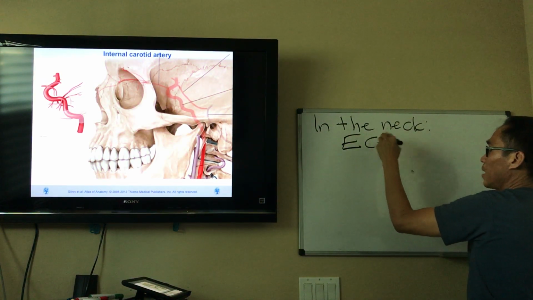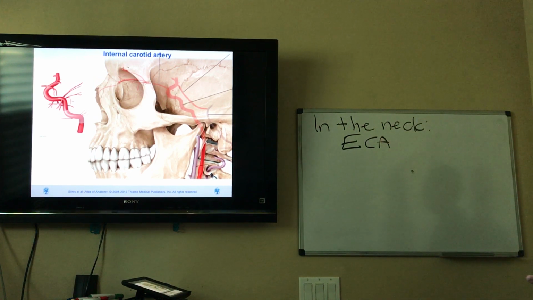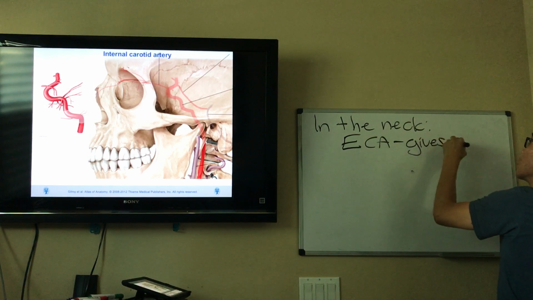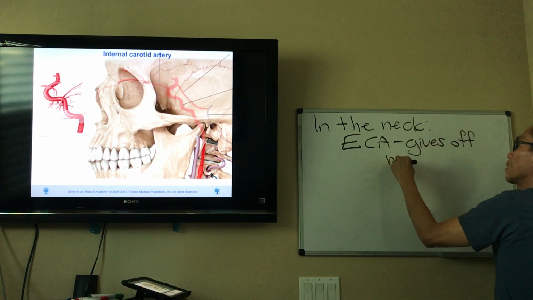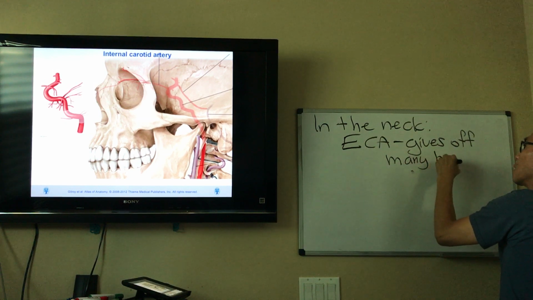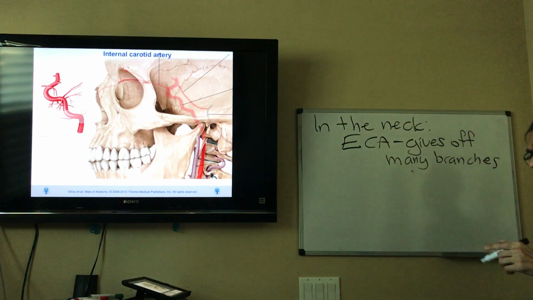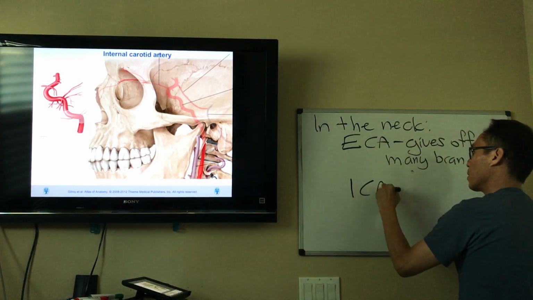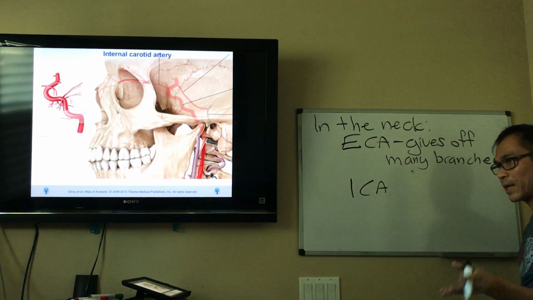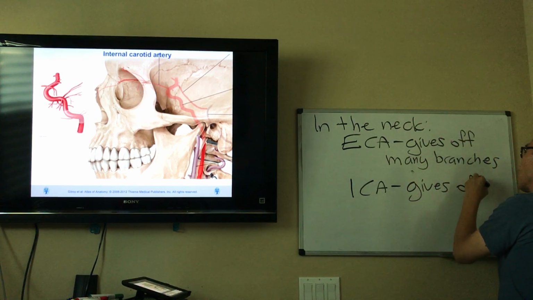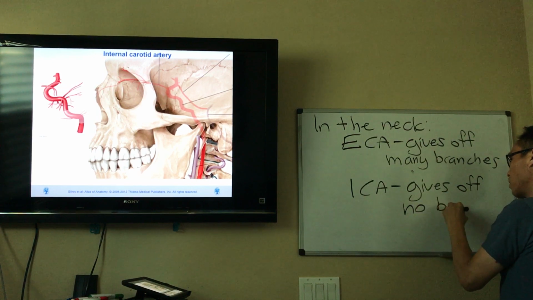ECA, external carotid, gives off many branches. Already went over it. That's kind of when I talked about 3 anterior, 2 posterior, and the 2 terminal branches. Okay? ICA, in the neck, gives off no branches. It waits till it enters the skull to do that.